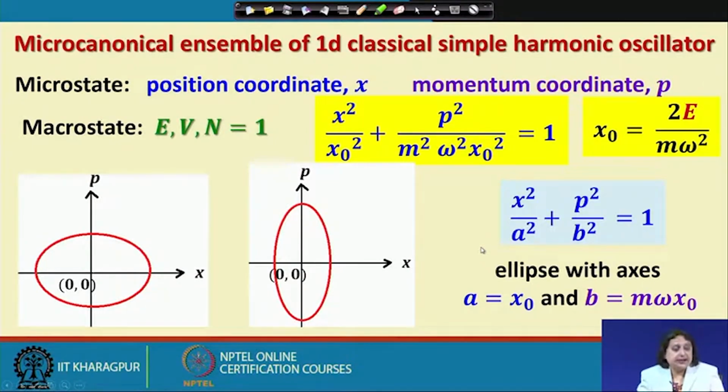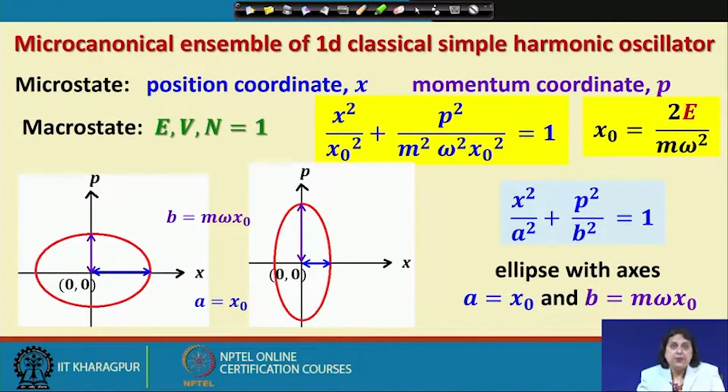It tells me that, let us say that this is the point of origin in the phase space, which is a two-dimensional space in x and p. Now, this is A, which is nothing but x naught, which is dependent on the initial condition. And then B is this height, which is m omega x naught.